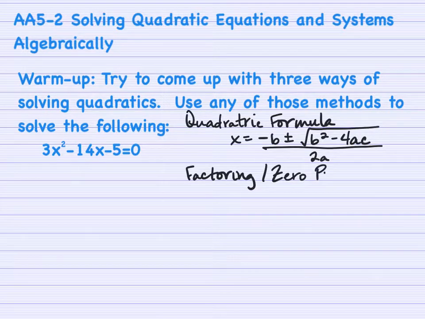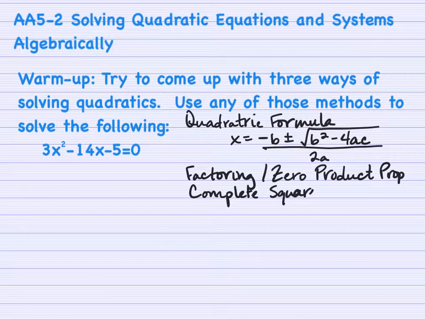Zero product property. There's also completing the square and isolating x. That one is not particularly helpful with a problem like we have in front of us. I'll explain why.